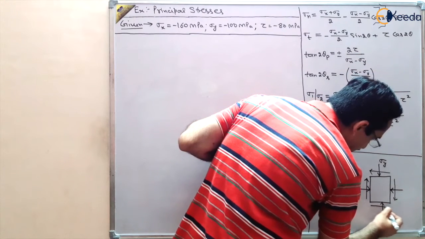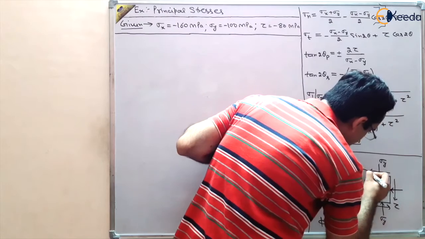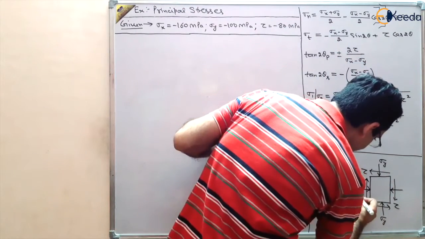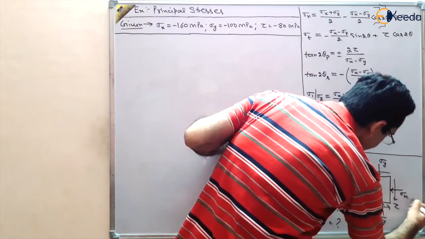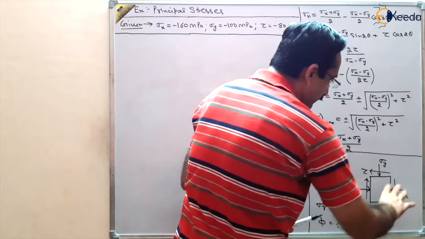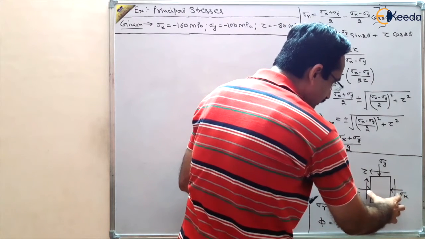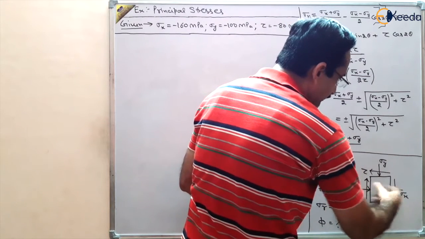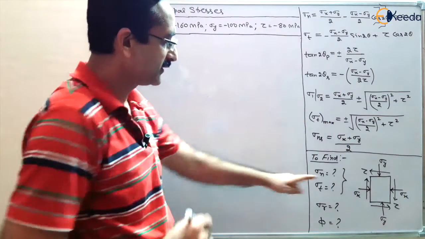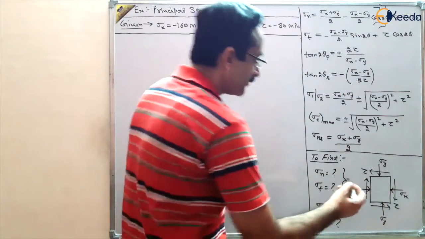Complementary shear stresses are this, and these are the shear stresses, right? So this is sigma x. Sigma x compressive, sigma y compressive, and tau negative because it is making a clockwise couple at the face of sigma x. So this is our stress condition.